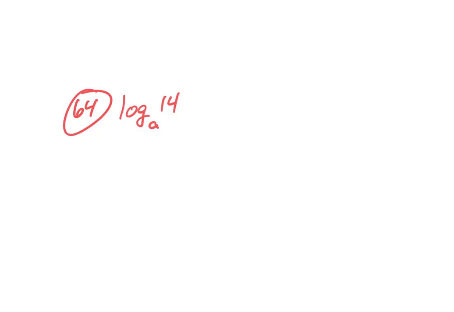In the directions, they give us 3 different values. So they say that the log of 2 base A is about 0.431. The log of 7 base A is about 1.209.